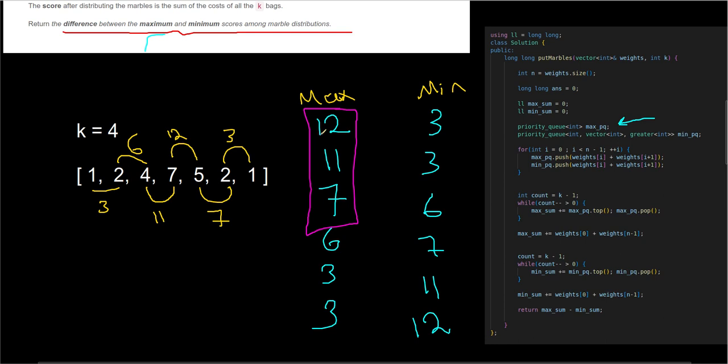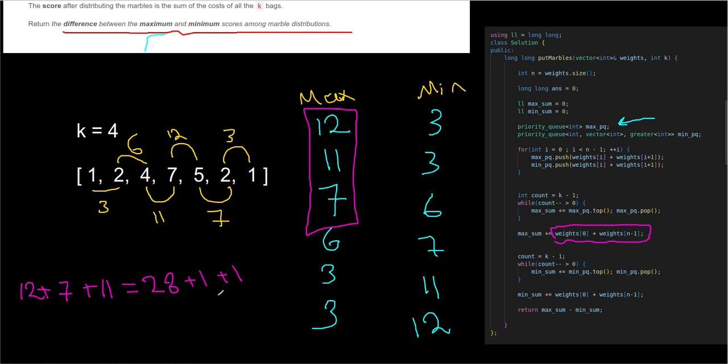4 minus 1 is 3, so here for the maximum score we have 12 plus 7 plus 11. And remember we need to add the weights of 0 and weights of n minus 1, so we need to add also plus 1.